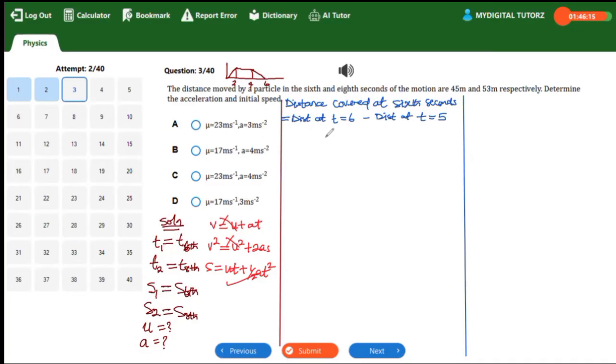So this is how we do it. So therefore S in the sixth is given to be what?